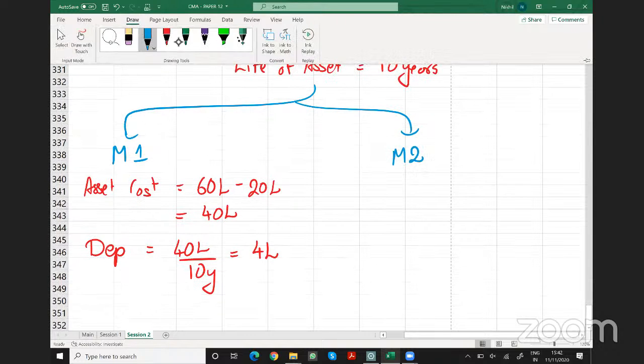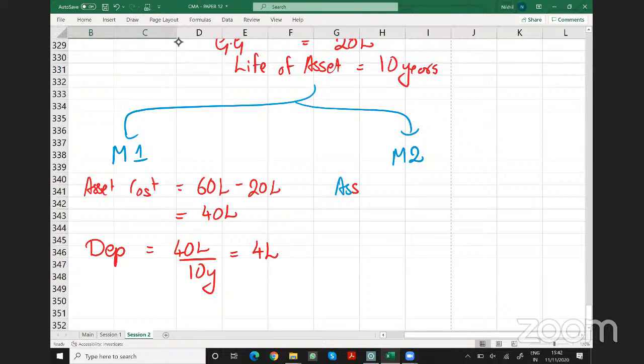The second method says we can do a second approach. Your asset cost is 60 lakhs only, na? Your depreciation and your government grant received is 20 lakhs.